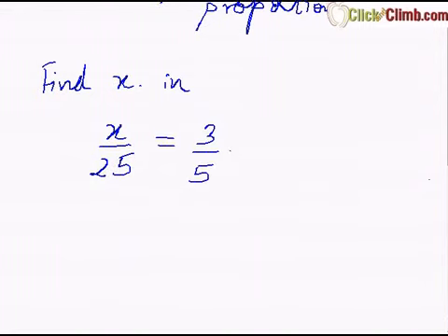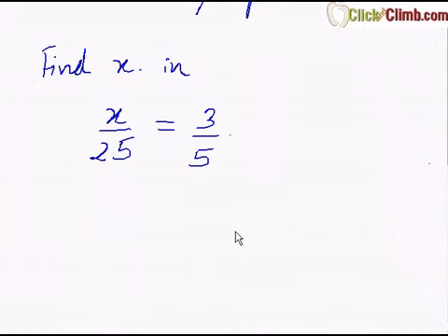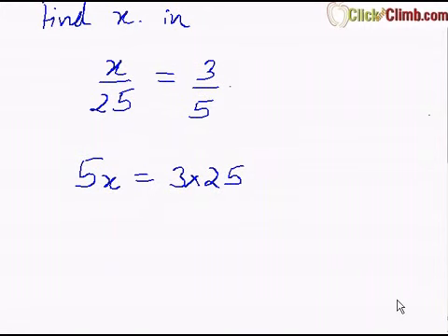To figure out the value of x, I know that if x over 25 equals 3 over 5, these two ratios are in proportion. So we simply use the cross product in this one. 5 times x is 5x, and 3 times 25. Well, we can of course multiply 3 with 25, but if we don't, that's also fine.